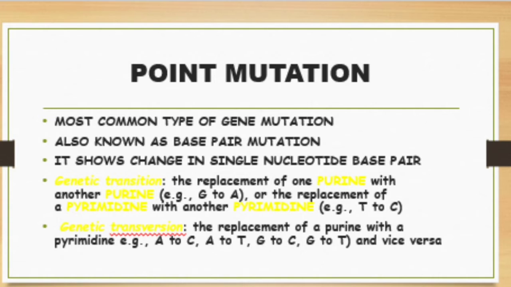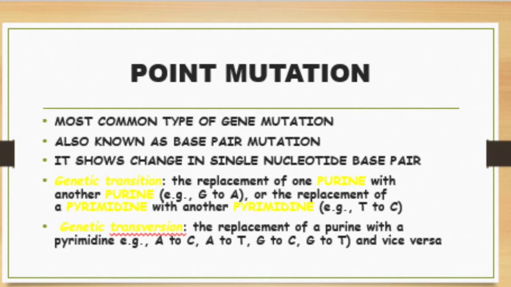It can be a genetic transition, which means there's a replacement of one purine with another purine, for example guanine to adenine, adenine to guanine, or the replacement of a pyrimidine with another pyrimidine. And also there is genetic transversion.